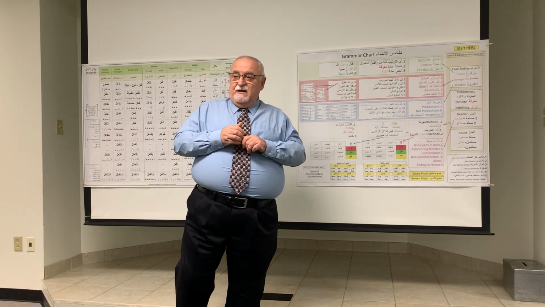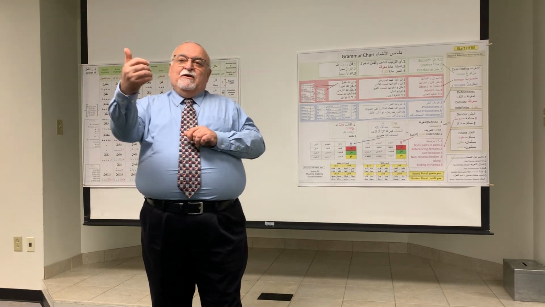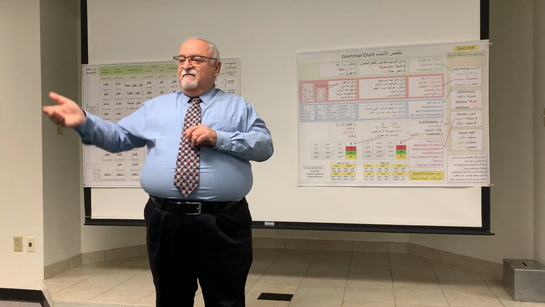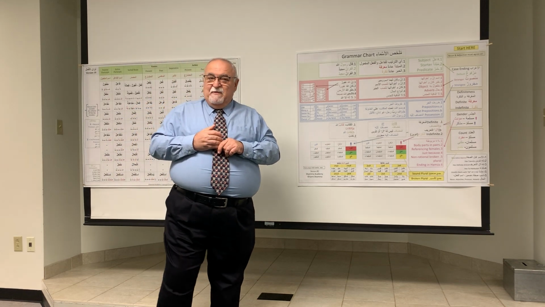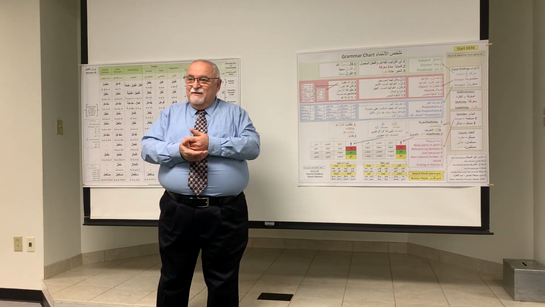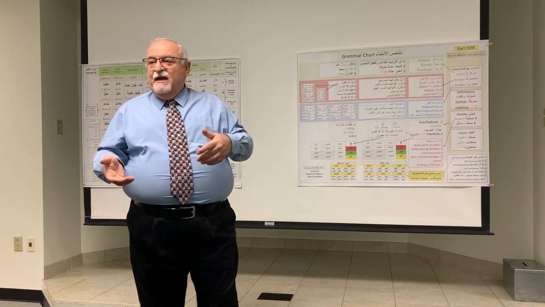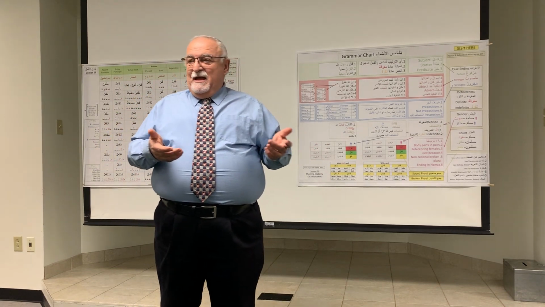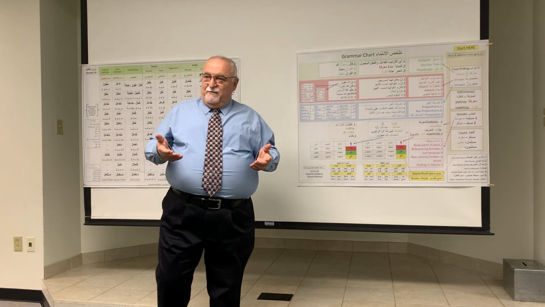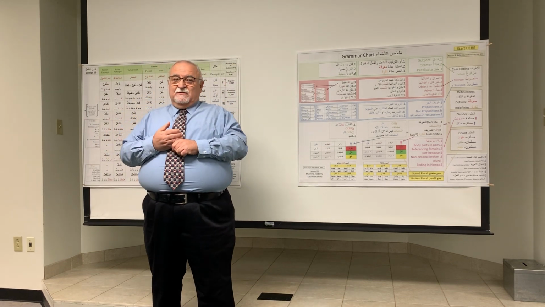If I say in English, God created the heavens, and I change the order, it will change the meaning dramatically. If I say the heavens created God, that is a completely different meaning. So the order is very important.